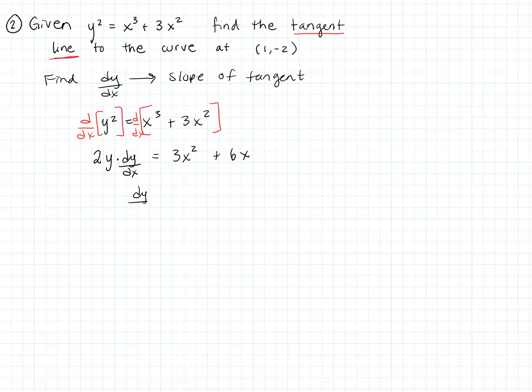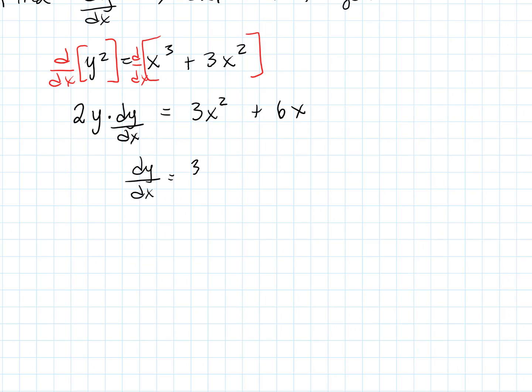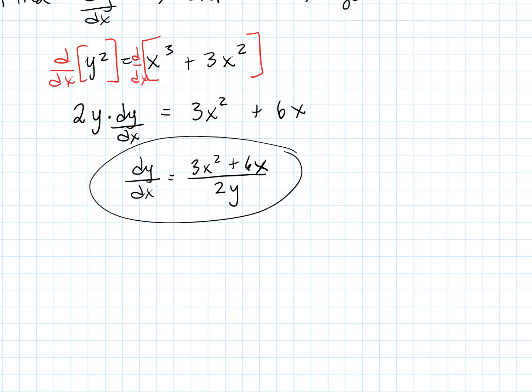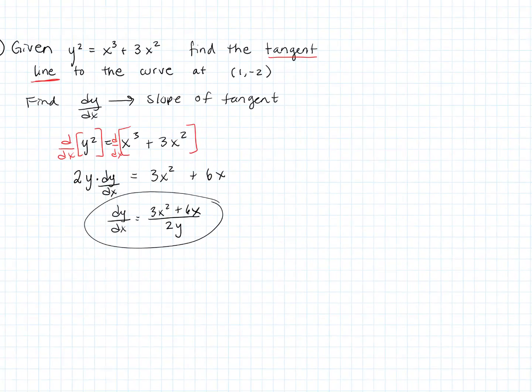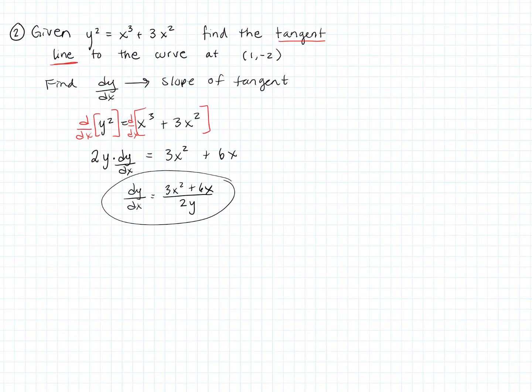And then dy dx is 3x squared plus 6x all over 2y. Okay?